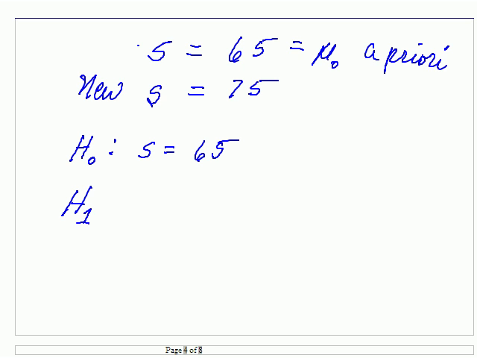We have the alternative hypothesis. In this case, it would say that the speed is really greater than 65. Notice it doesn't say 75. We're going to use that later. It just says, in this case, greater than. You also could have said not equal to and implied that it could be slower, but since your data is showing faster, the obvious choice would be that the speed is now greater than 65.